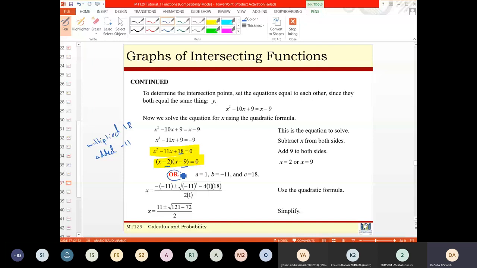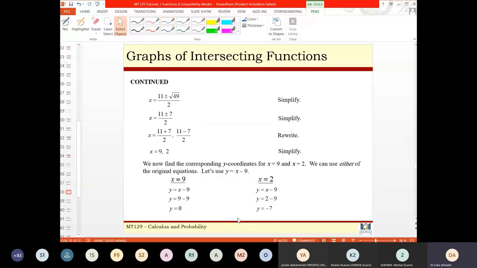Or I can use the rule. If I cannot think about factorization, I can use the rule. A, B, and C. Substitute in the formula, I mean. Get the value and simplify it. If you simplify this one, you will get once x equal to 2, and one time you will get x equal to 9. The solution is in this slide.